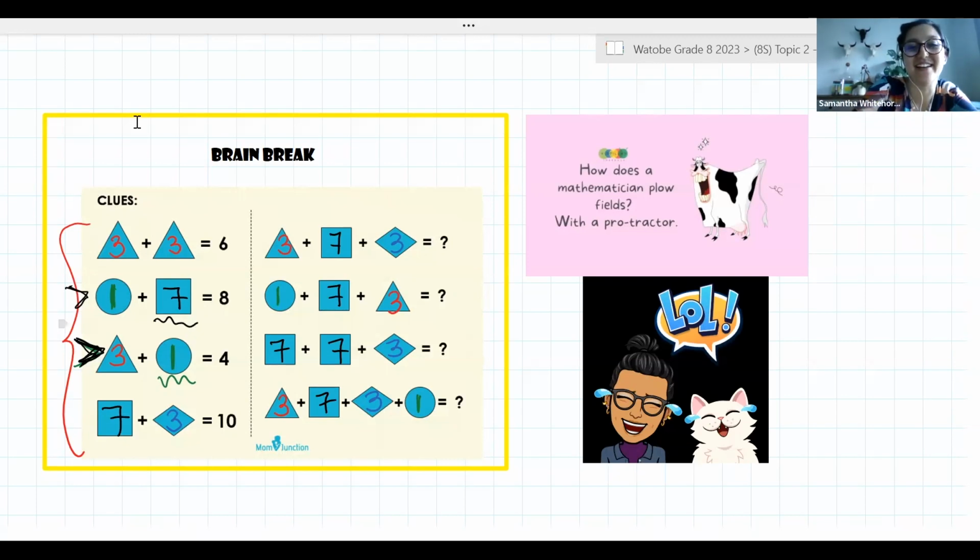Excellent. I would have said 7 plus 3 is 10 and then 10 plus 3 is 13. But you got it absolutely right. So the first one is 13.